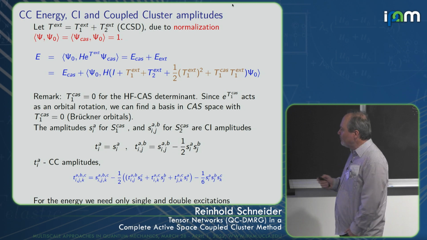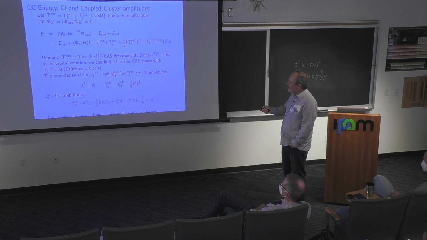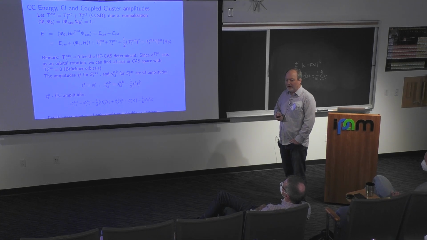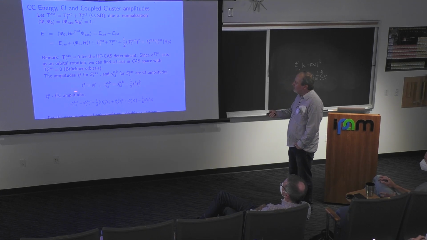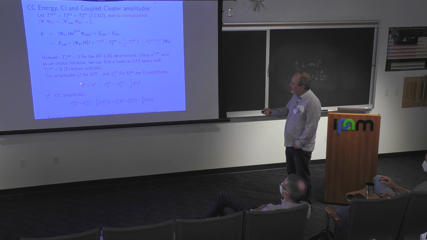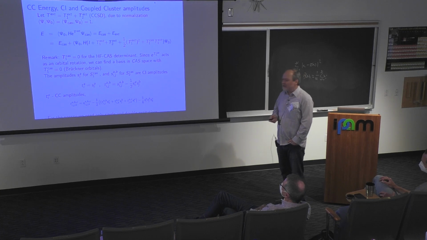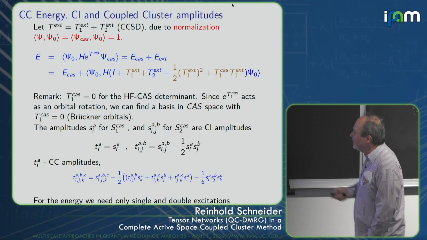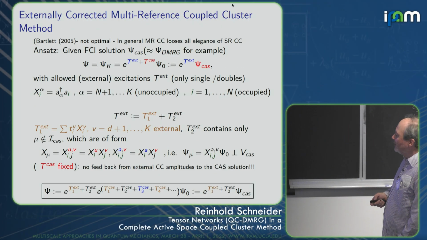And these S are the CI amplitudes. From the CI amplitudes, I can compute the coupled cluster amplitudes, at least for small excitations. So it goes up to 2, and this goes up to 3. In practice, we use only this.